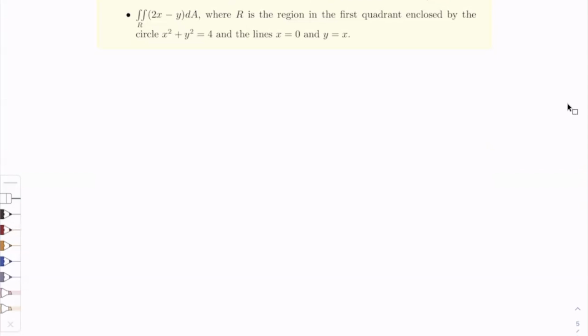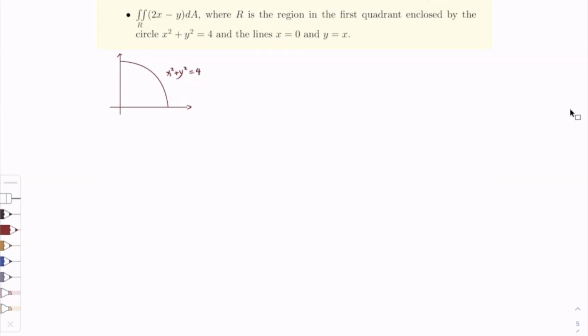So, our first step is that we want to change it to polar coordinates. I'm going to draw the region first. The region in the first quadrant is enclosed by the circle, the line and this line. So this is x squared plus y squared equals 4 in the first quadrant.